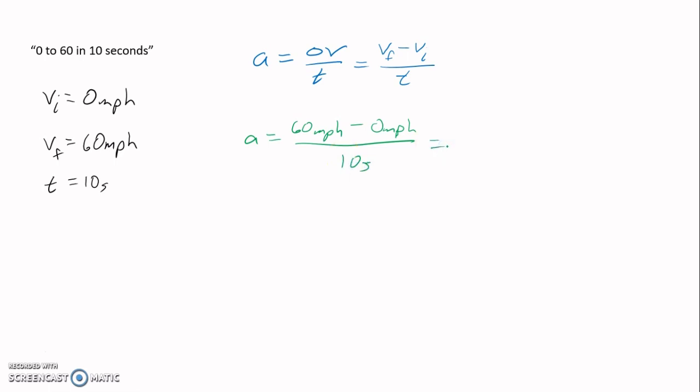Of course, 60 minus 0 is nothing but 60. Divided by the time of 10 seconds, that means you're accelerating at a rate of 6 miles per hour per second. And so when we have the statement of 0 to 60 in 10 seconds, all we're saying is that it's accelerating by 6 miles per hour every second.